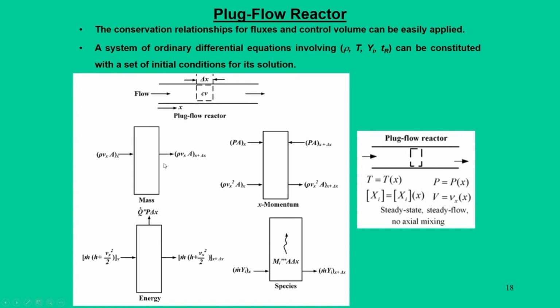Within that control volume we see what fluxes are entering and what fluxes are leaving. When entering, how much momentum it carries, how much energy it carries, and how many species it contains. All these things can be equated.